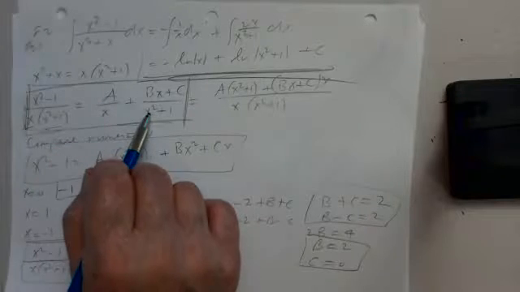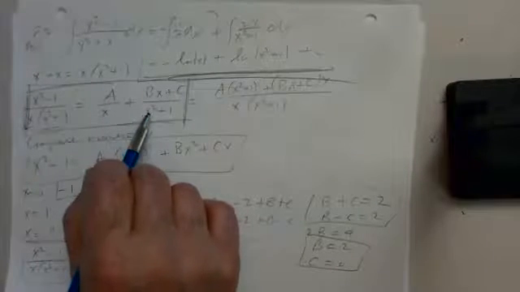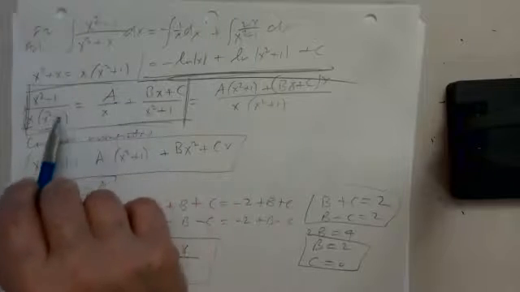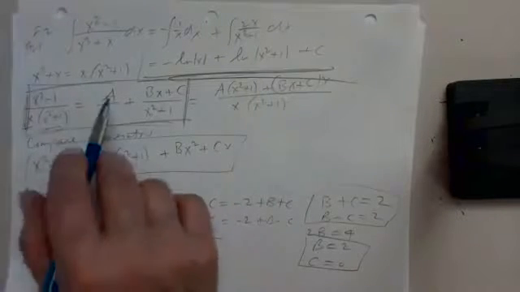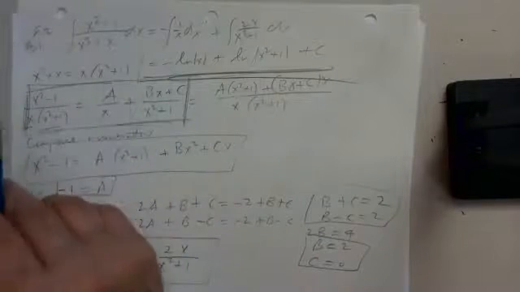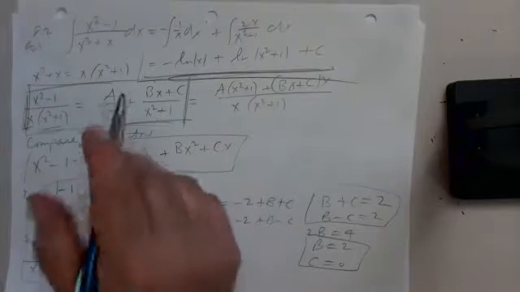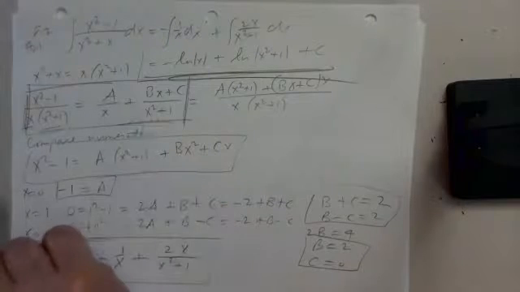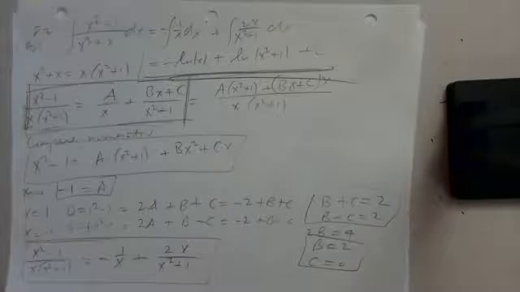When you have a quadratic polynomial in the denominator, the numerator is a linear polynomial. That's what the theorem on partial fractions says. So I know from reading section 8.5 that this function has an expansion like this. That's not something you would guess or know, it's something you learn.